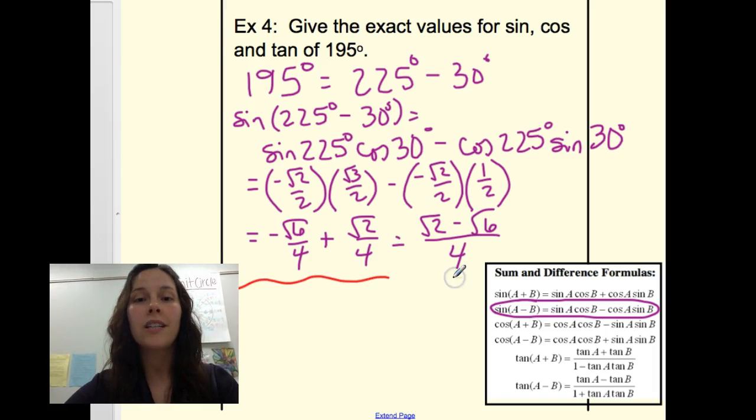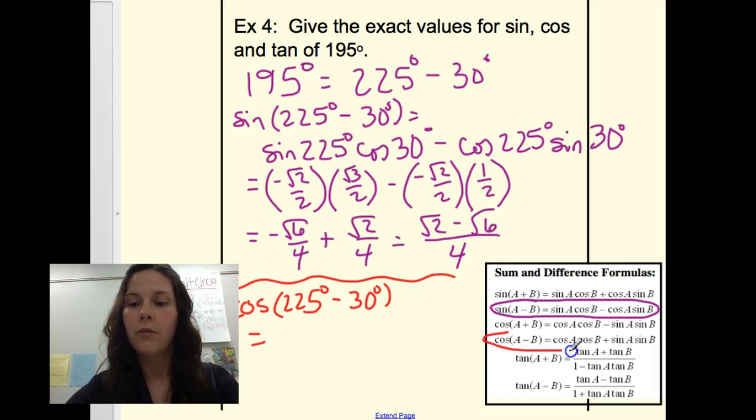Lucky for us, our cosine is actually going to be very similar because we've got the same unit circle values. We're just multiplying them in a different order. So this is cosine of 225 minus 30 degrees. So we're going to set this up using our fourth formula here as cosine times cosine plus sine times sine.